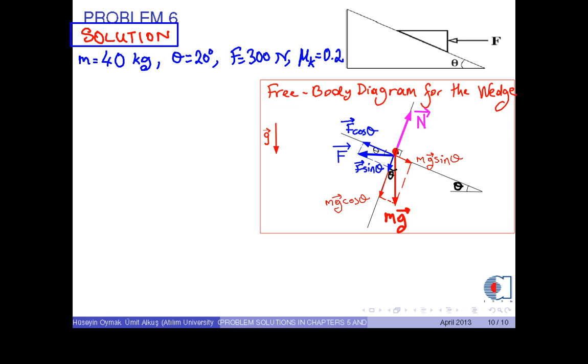To determine the direction of motion of the wedge along the plane, let's calculate F times cosine theta and m times g times sine theta, since they are the only forces along the plane.